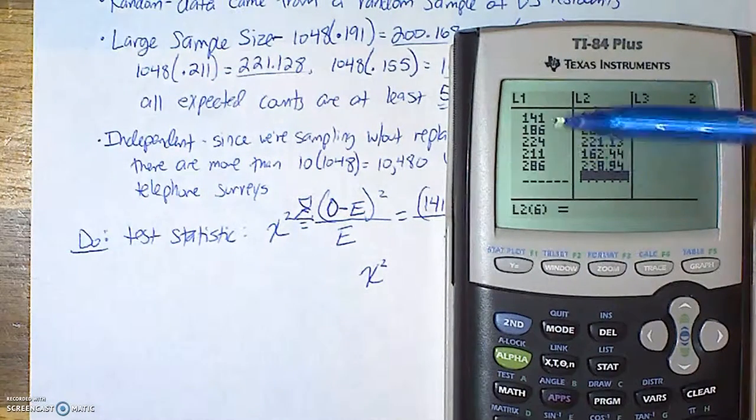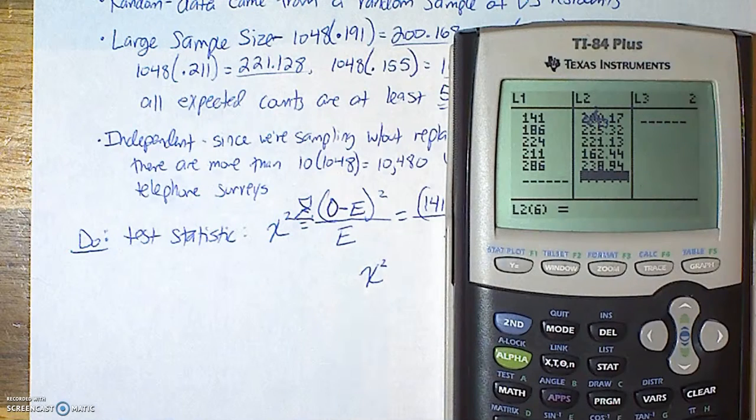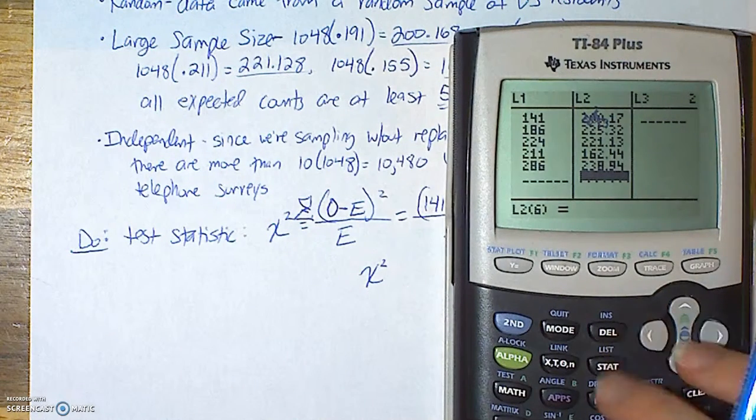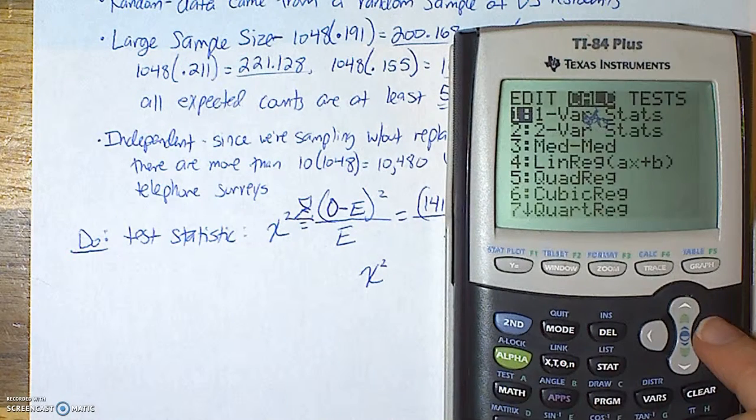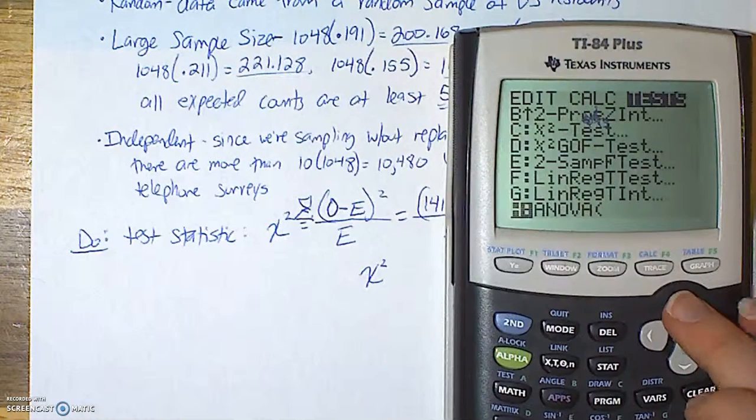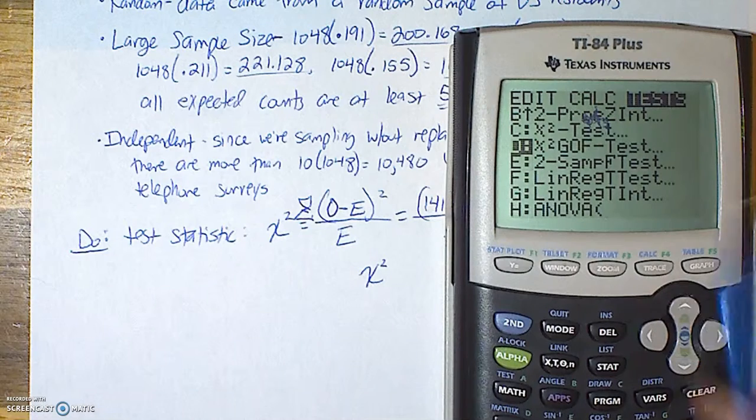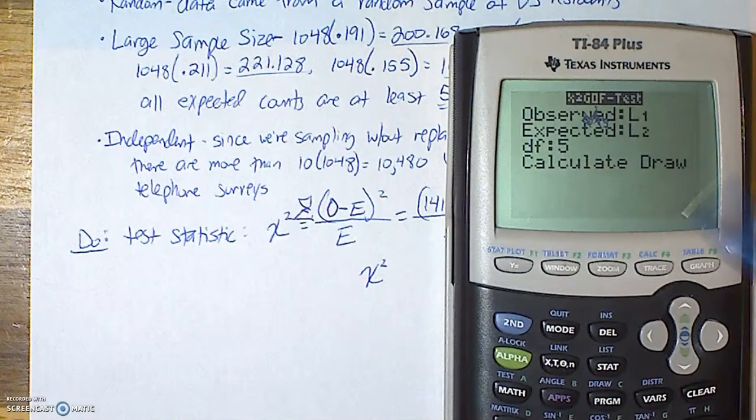Now that my observed data are in my list 1 and my expected values are in list 2, I'm going to go to Stat, I'm going to go to Tests, and we are doing a chi-square goodness of fit test. So chi-square GOF test, not just regular chi-square test. This is the next section. So it's going to ask you if your observed are in list 1 and your expected are in list 2.